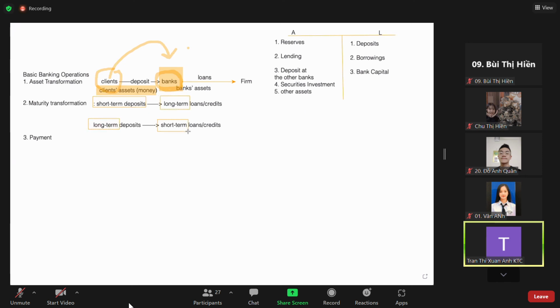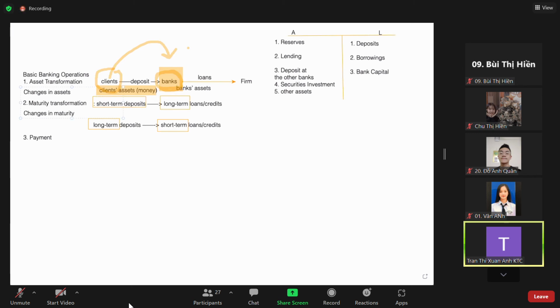So there will be a change in maturity, right? It's all about changes. This one changes in assets, and this one changes in maturity, with the involvement of the commercial bank in the middle of the way.